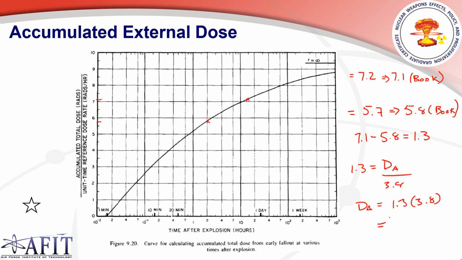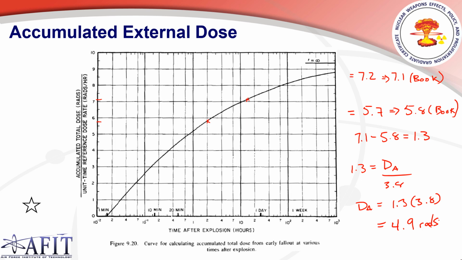And that's going to give us a total answer of 4.9 rads accumulated dose from 2 to 14 hours following our nuclear detonation. Okay, and that's how you use this chart.